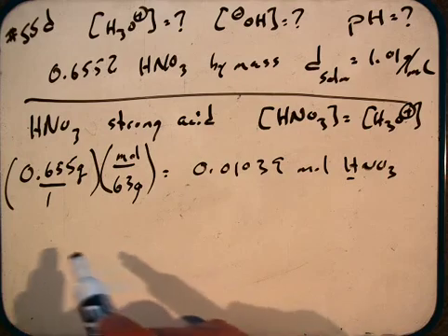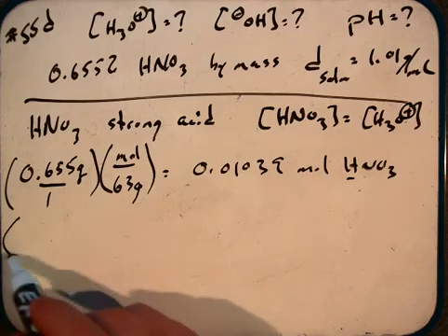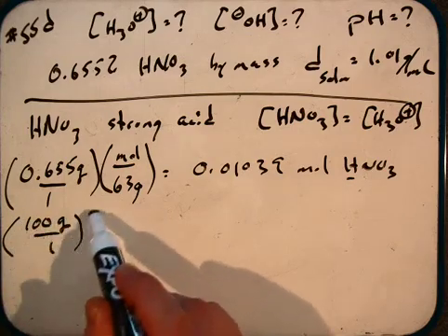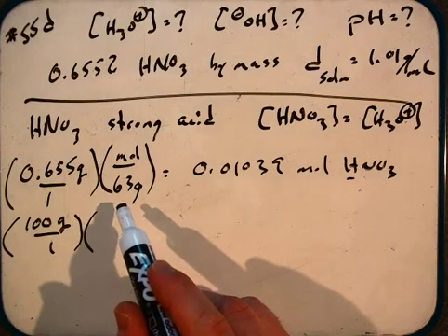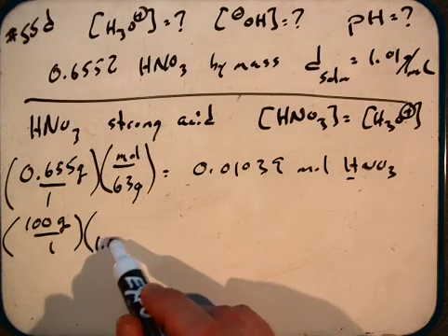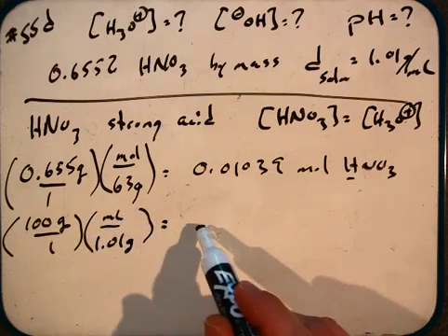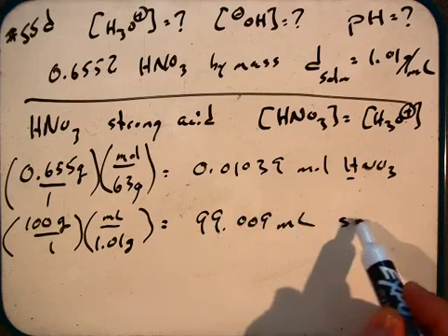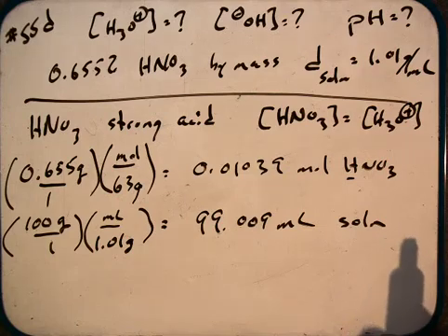We need to then figure out the volume of the solution. We have 100 grams of solution, and so we would use the density of 1.01 grams per milliliter to get that into terms of volume of solution.